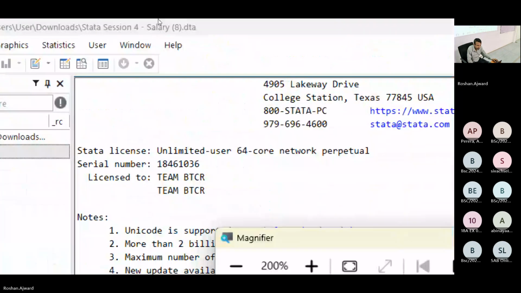Okay. Now let's see how to perform an OLS regression analysis.